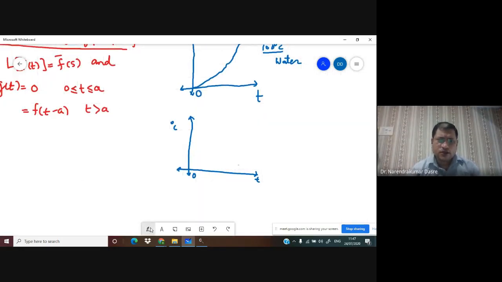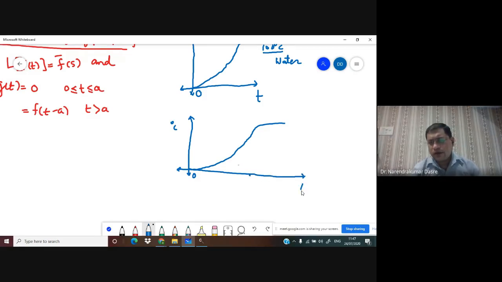For some time it will stay the same. After some time it will start rising, and then suddenly it will rise and then stabilize. So this is the graph you will have when we heat the 0 degree ice.